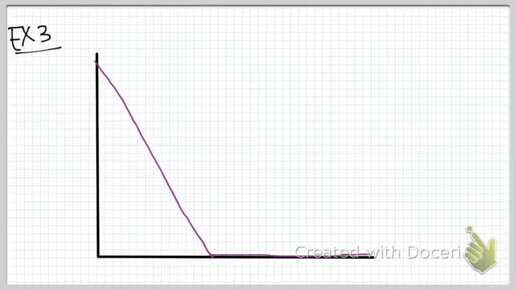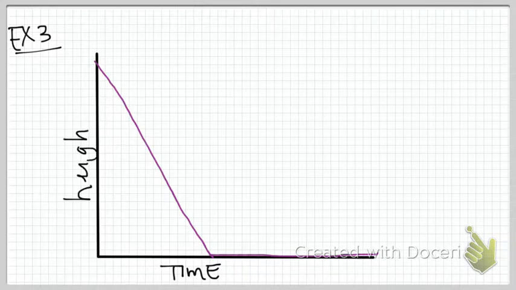And then it stays here. Let's say that this axis represents time, and this axis represents the height. Height. Okay, how tall something is. Tell me a story about that.